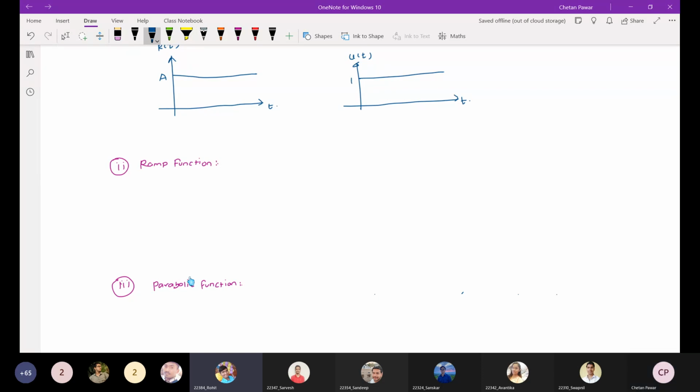The Laplace transform of the ramp is A by s square. And then the unit ramp is when A is equal to 1, right?